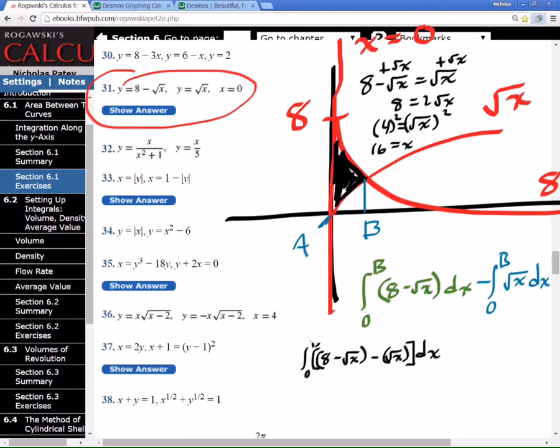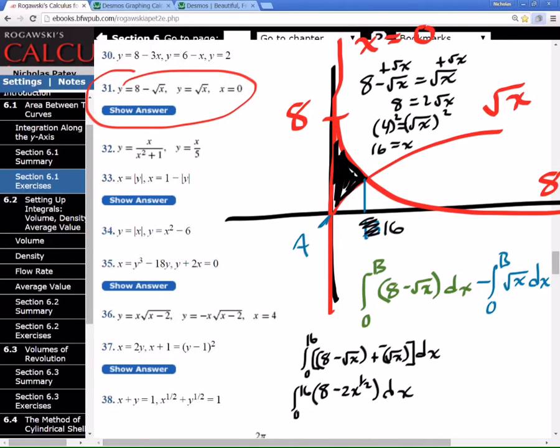All right, so instead of putting b right there, we could put 16, because that is the x where they intersect. All right, now we just plug and chug. I'm going to go ahead and simplify this just a smidge. We have the integral of 8 minus 2 square root of, actually let's say x to the 1/2 power dx.